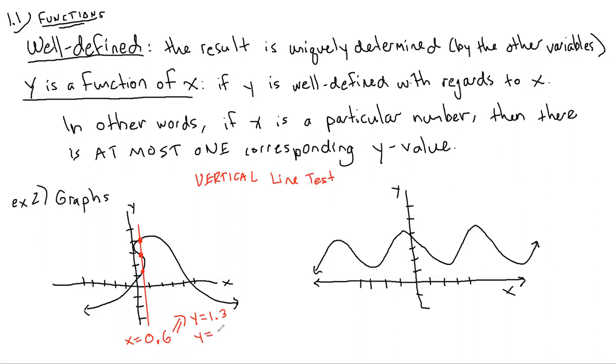Y equals, let's say 2.9. And maybe y equals, that looks like pretty much right on 4. So that vertical line, if it passes through more than one point, it's going to correspond to more than one y value. And that means that it's not a function.